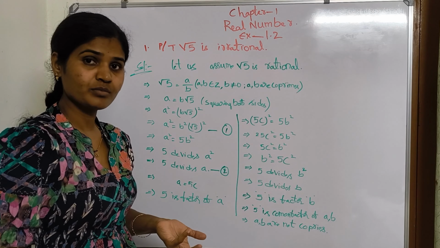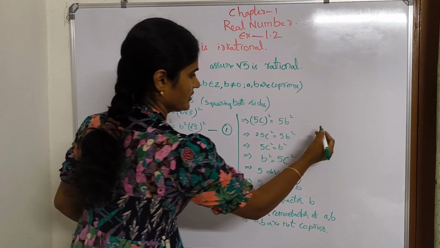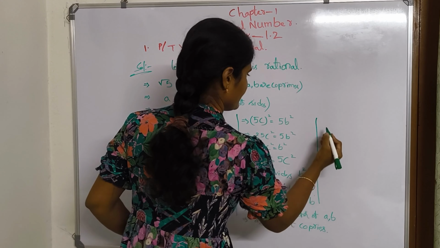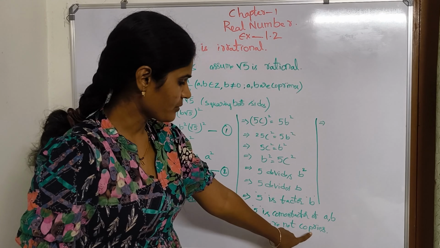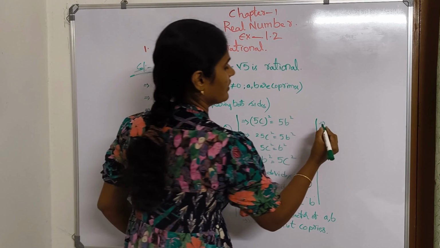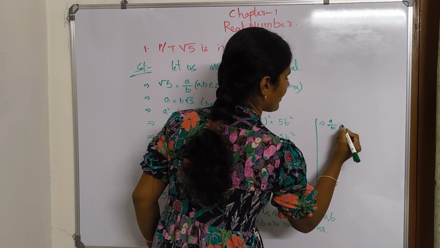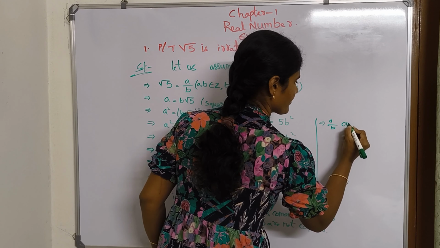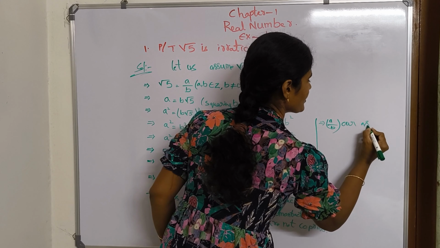Not a rational number means that it is an irrational number. That implies a, b are not co-prime, so a by b is not what was our assumption.